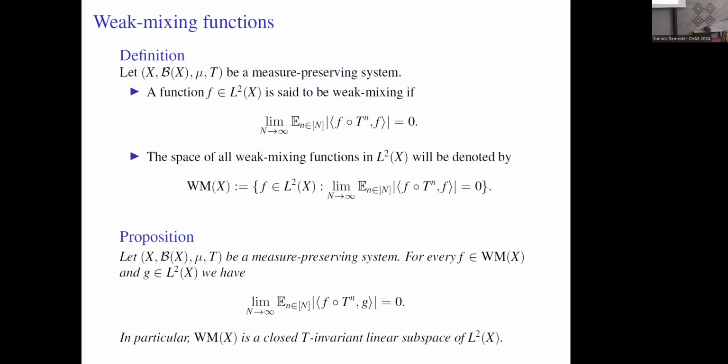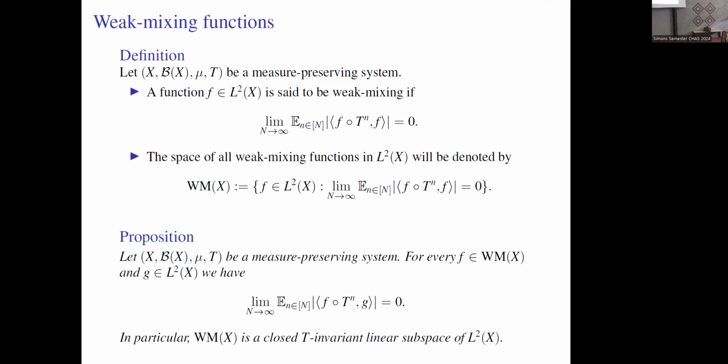But now having this condition, we see that if we take two functions which satisfy this condition, then by bilinearity of the scalar product, using this, we can see that it is closed under addition. And the fact that it is closed is a simple argument: we take a sequence and look at convergence.